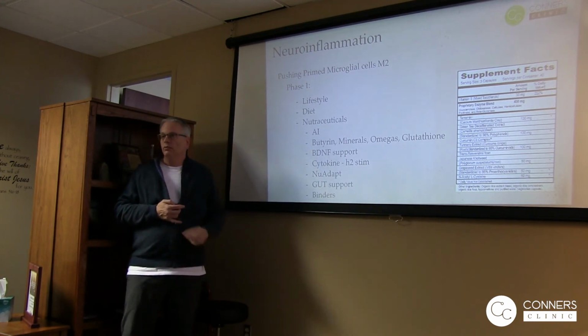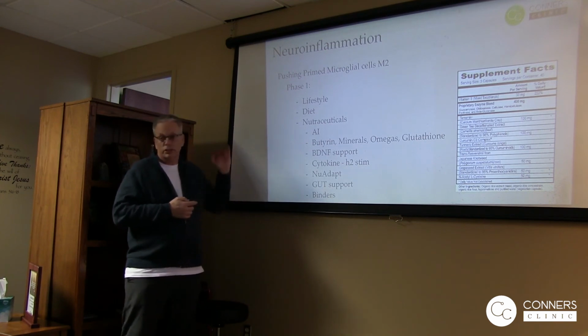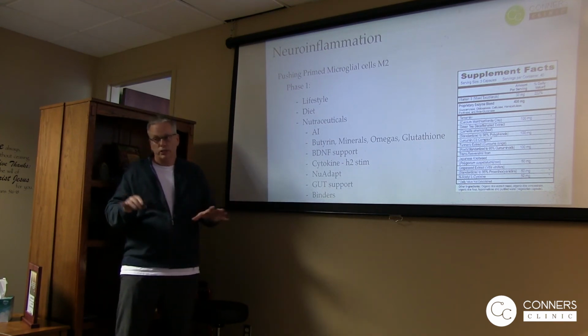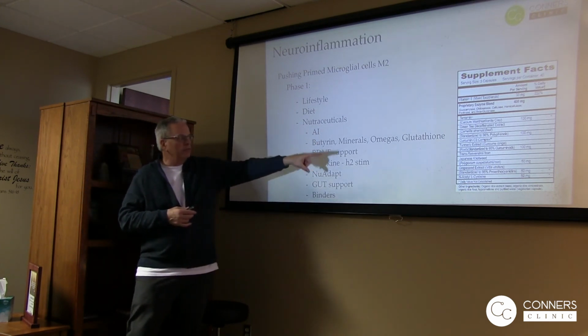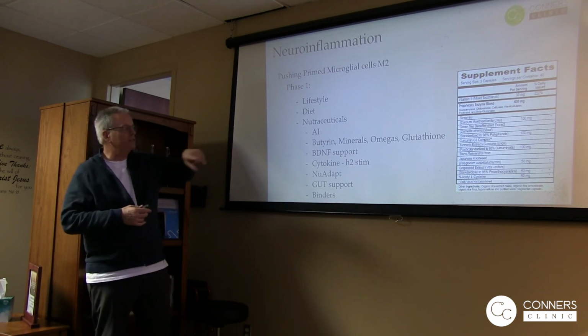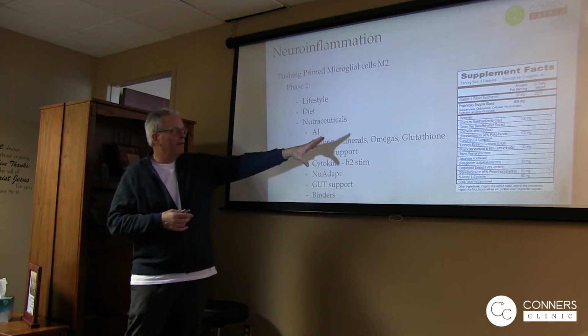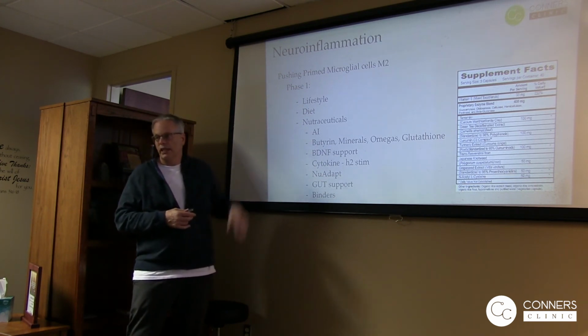Nutraceuticals. Now you get into some nutraceuticals. And many times, remember, this is like the third step. You might not start with this right away. AI is a product that we've formulated, that we use, and I had this slide for another talk I did. But there are nutraceuticals that are anti-inflammatory. AI stands for autoimmune.